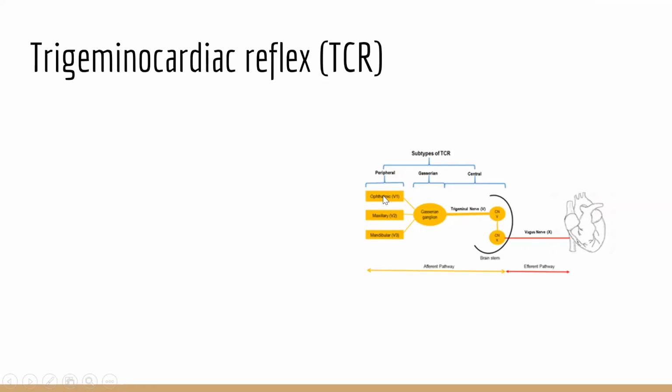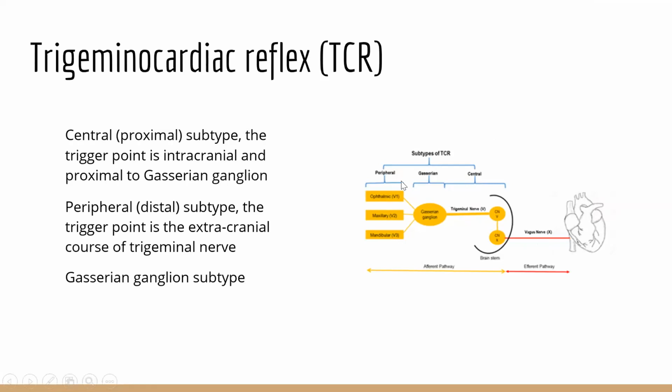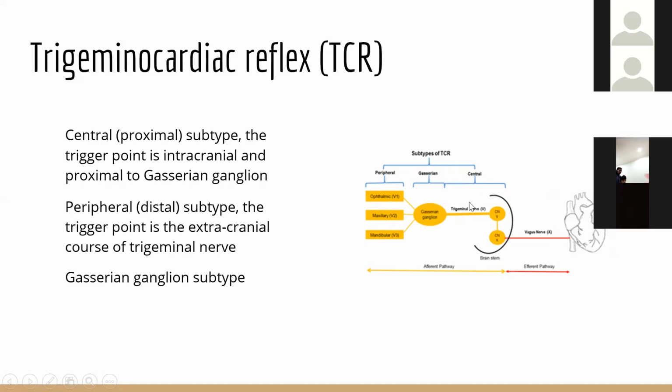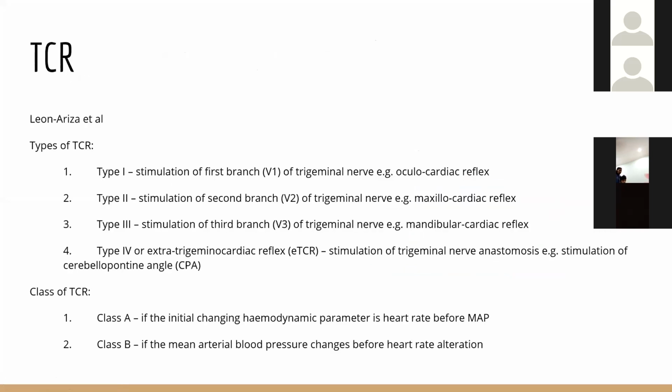Classically, there are three types of trigeminocardiac reflex depending on the part of the nerve stimulated: peripheral through ophthalmic, maxillary, or mandibular; Gasserian through stimulation of the Gasserian ganglion; or central through the central component of the trigeminal nerve. But recently this classification has been changed. Leon reorganized it on the basis of type and class.